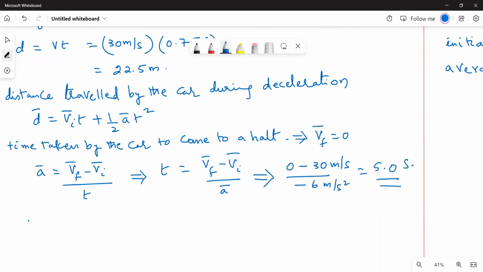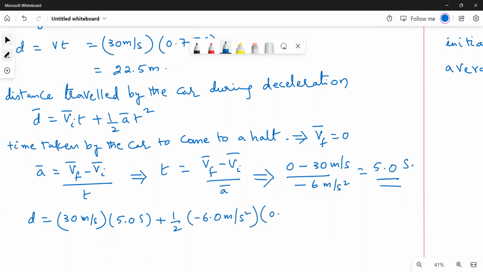Therefore, d is equal to, what is Vi? 30 meters per second times T. T is 5 seconds, plus half into minus 6 meters per second square times 5 seconds whole square.